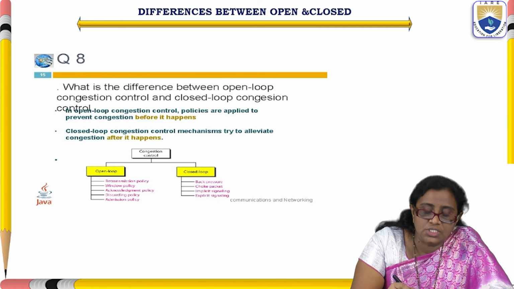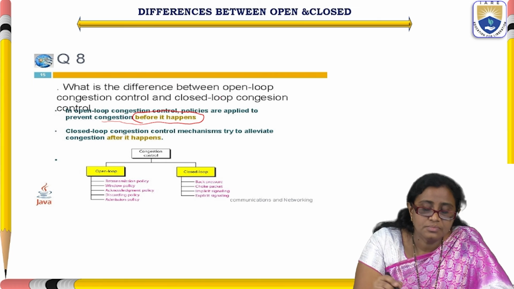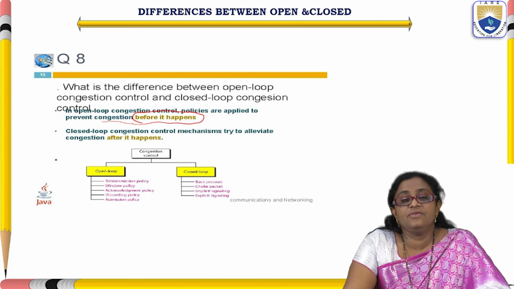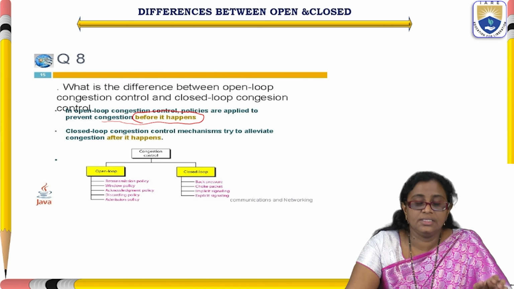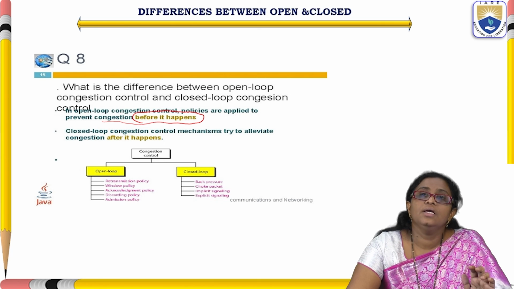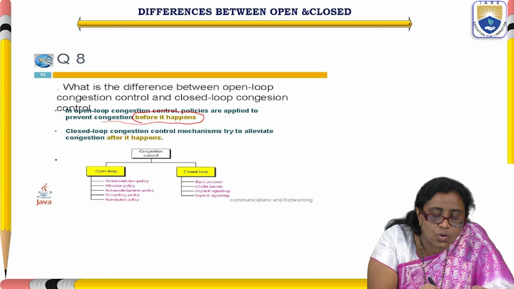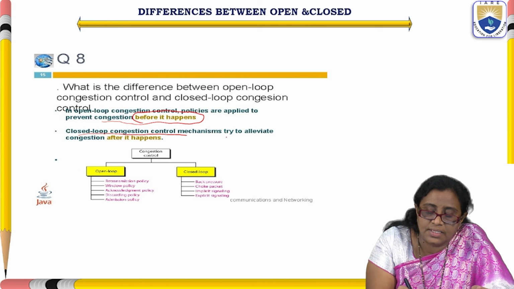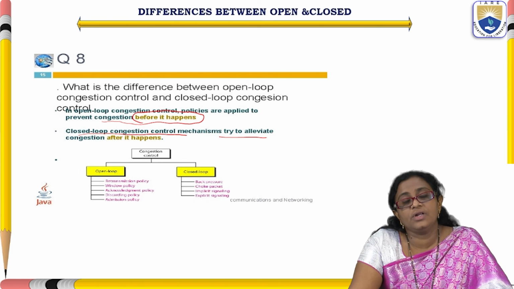In open loop congestion control, policies are applied to prevent congestion before it happens. Before the congestion happens, we need to apply some policies to prevent that congestion. That condition we can call open loop congestion control. Coming to the closed loop congestion control mechanism, they try to alleviate the congestion after it happens.